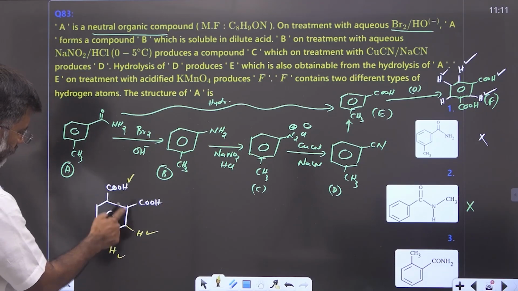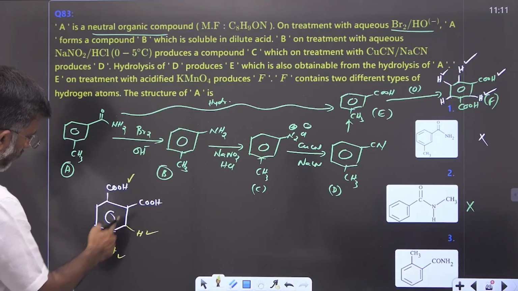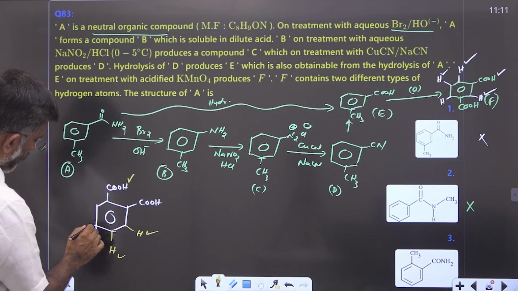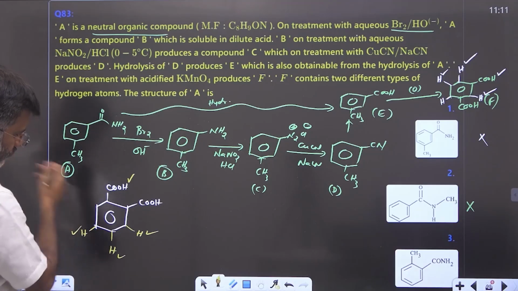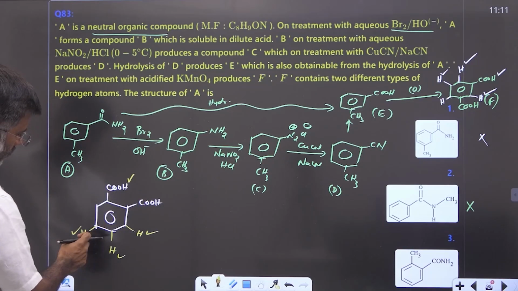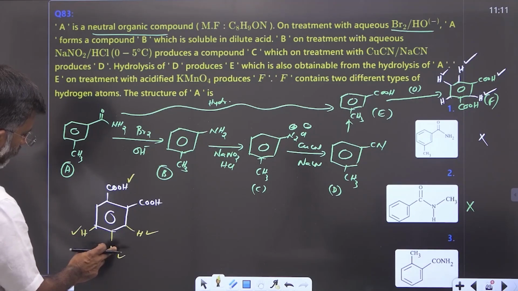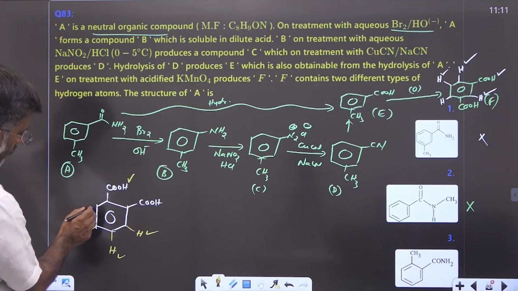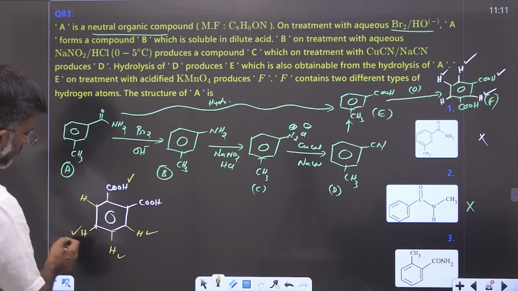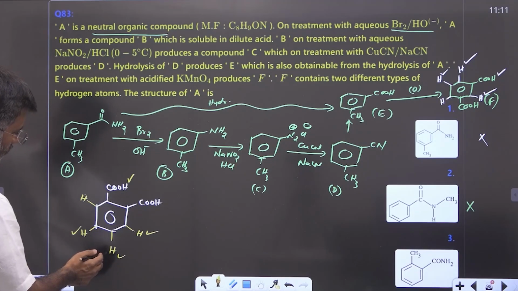This is meta, this is ortho, this is para, this is meta. This is a different hydrogen, isn't it? It seems these two are identical, and these two are identical, isn't it?